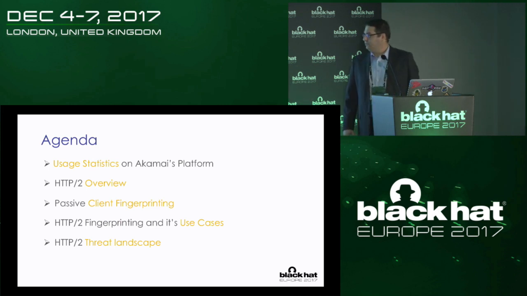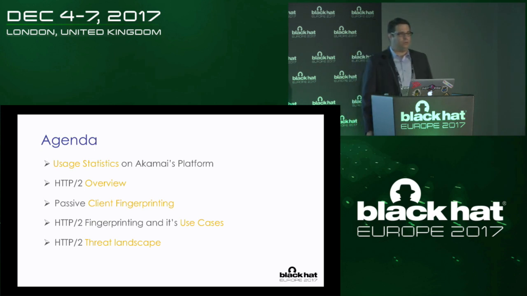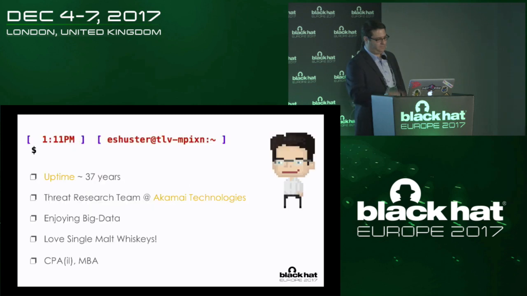Once we've established that, we're going to go through the concept of passive client fingerprinting, and more specifically, how we propose to do it on the HTTP2 protocol. And last but not least, the bonus slide of the threat landscape we will cover.